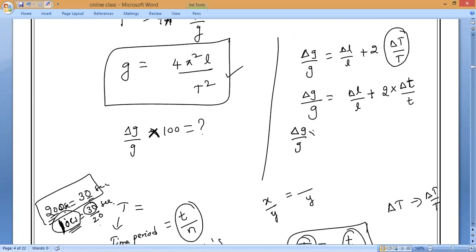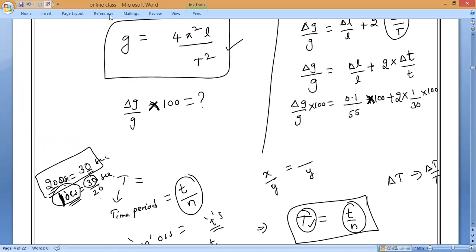So delta g by g into 100 equals delta L value 0.1 divided by L, L means how much, 55, into 100, plus 2 into delta t value 1 divided by T value, total time, 30 seconds, into 100. That's all. So solve this step, everybody, and tell me the answer, please.